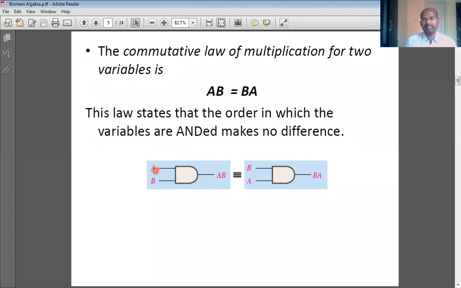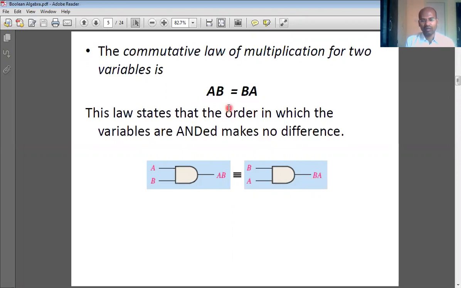A is a Boolean variable which can take either 1 or 0. B is also another Boolean variable which can take either 1 or 0. If you apply A first and B next, you will get AB. We have given the definition for AB in the previous table. Or if you apply B first and then A next, then we have BA. If you look at the answer here, they are both one and the same.